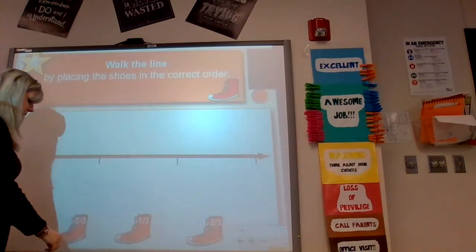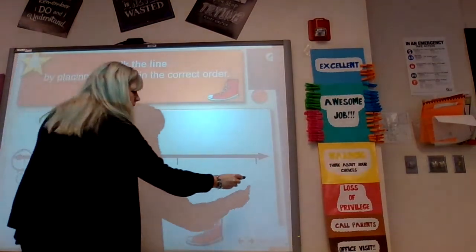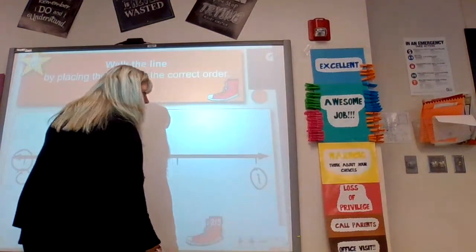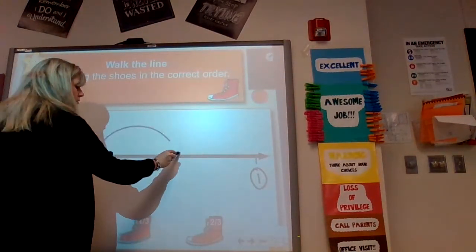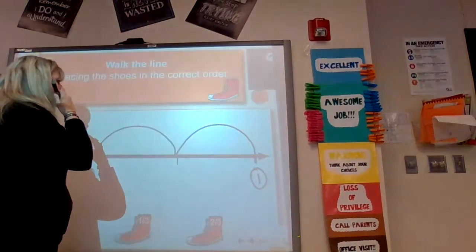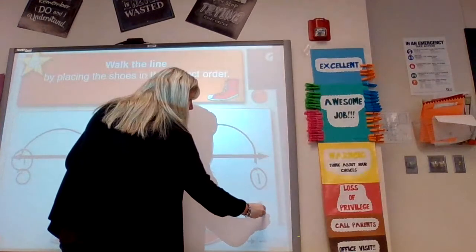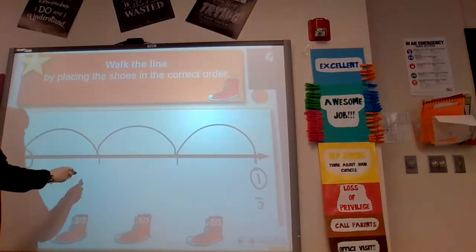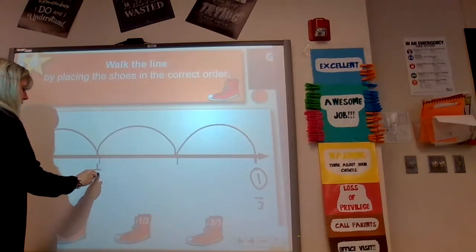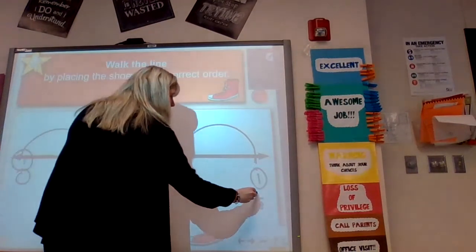Same thing here. I'm going to look at my benchmarks. This has to represent 0. This must represent 1. I'm going to do my hops: 1, 2, 3. So in my head, I know my denominator has to be 3. I'm going to put 3 right here because that tells me my denominator is 3. So this must be 1/3, 2/3, and 3/3.